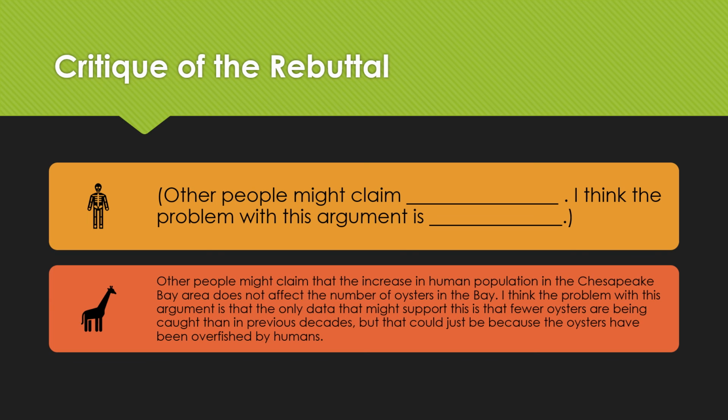It's not because population is stable, we catch less. It's because we already overfished them. So this is how you complete an argument tool.